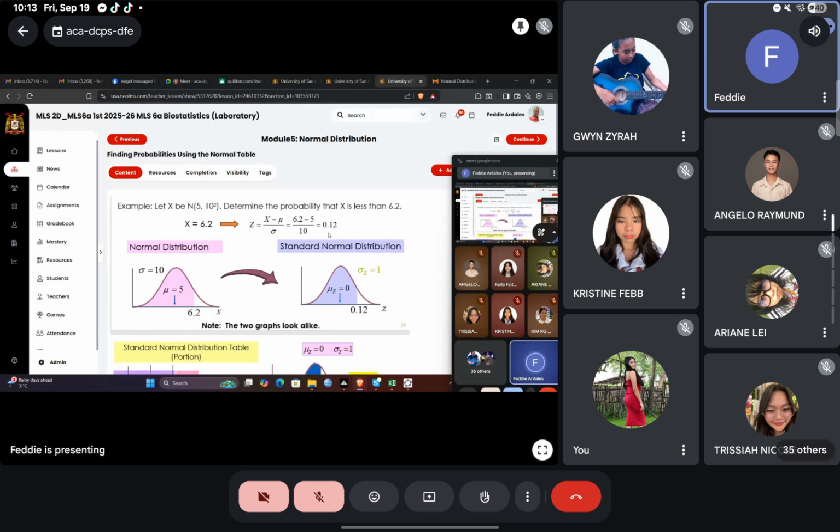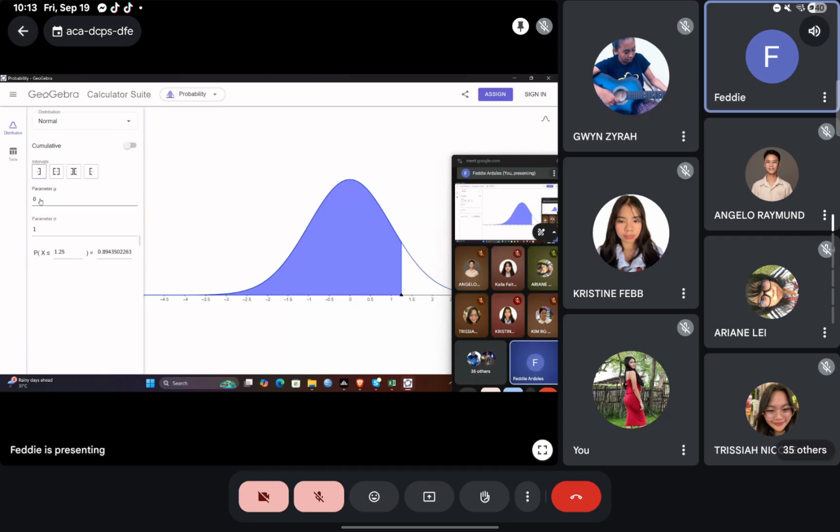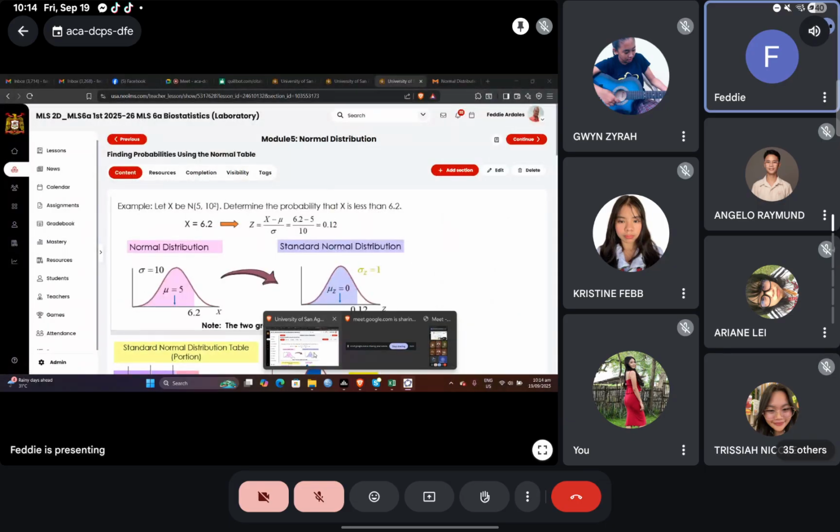Let me have this one. Mean of 5, standard deviation of 10. Now, for less than, the given value there is less than 6.2.